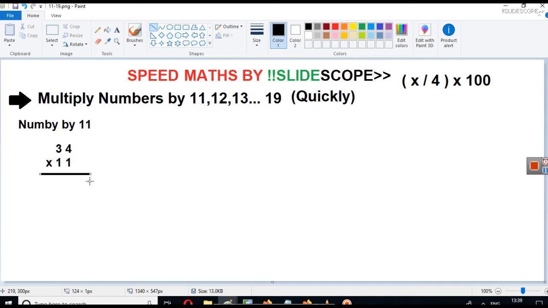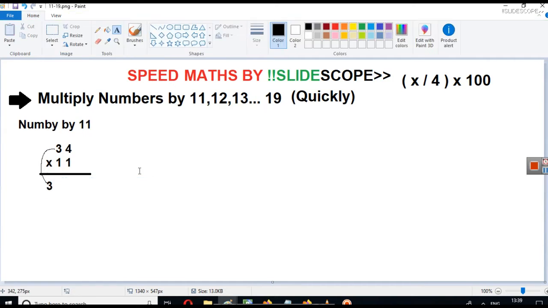Whenever you have to multiply a number by 11, it is really easy. First, in this position, write your first number.